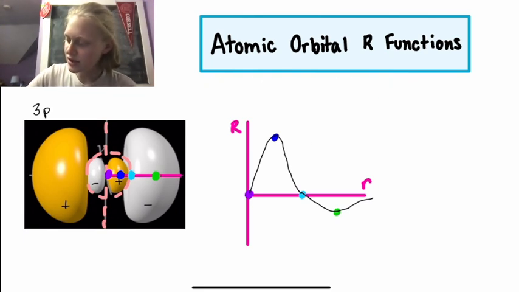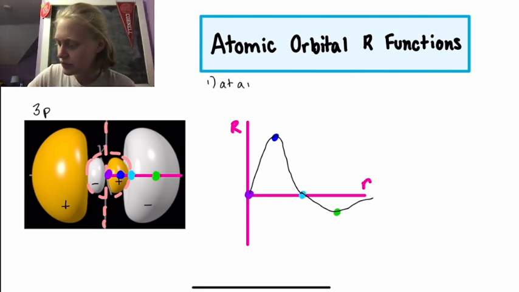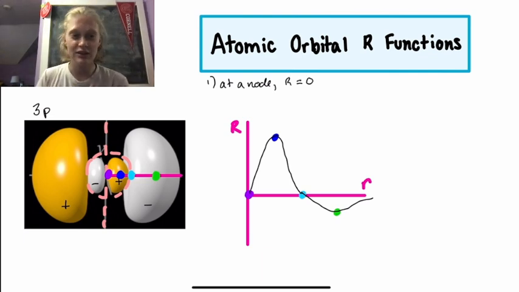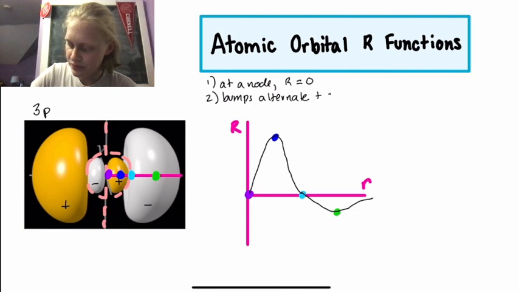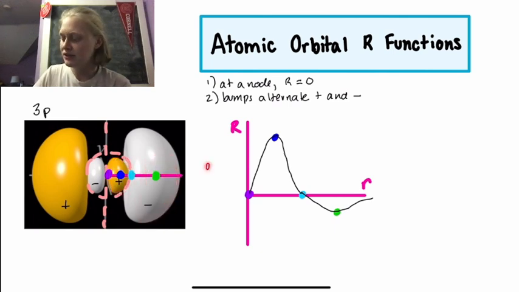Okay, so some things that you should notice: one, whenever we're at a node, our capital R value is always going to equal 0 because the electron is not there. Another thing to notice is that our bumps are going to alternate positive and negative. And that makes sense because as we move away from the nucleus, our bumps are going to alternate positive, negative, because it's a wave.